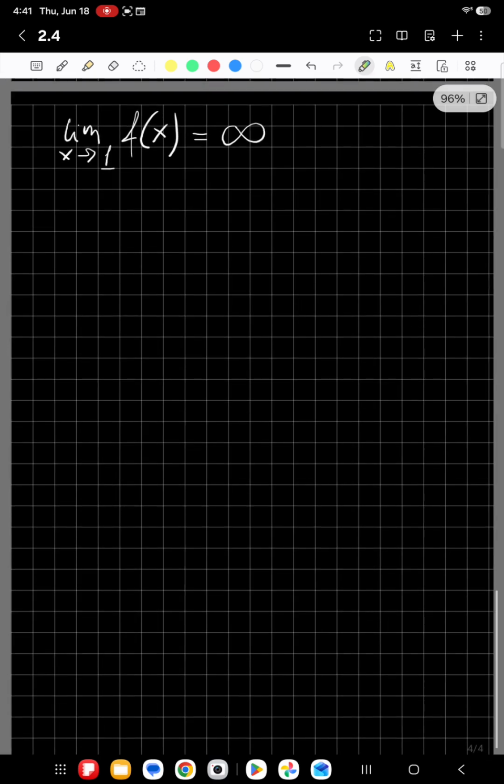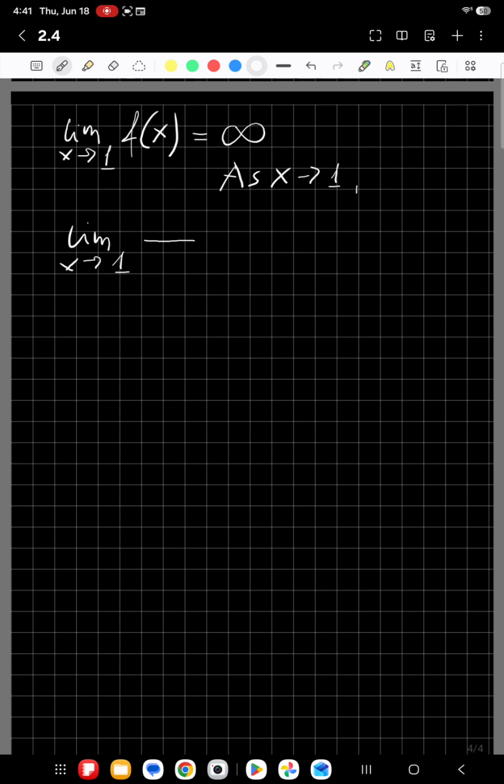Okay, so we have that infinity. So as x is approaching 1, let me write that function. Hold on, it's supposed to be 1, not infinity.